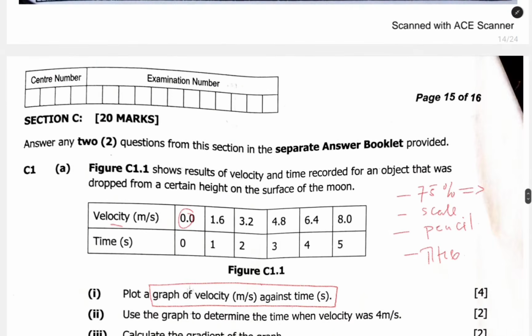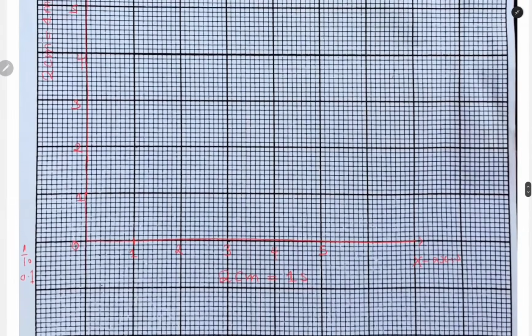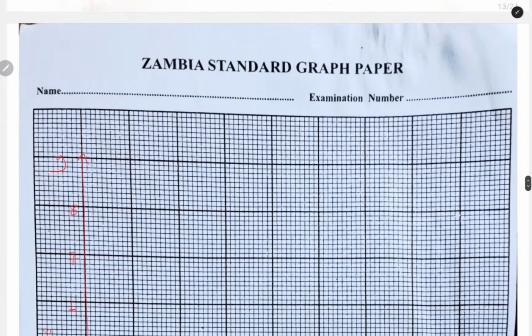So the first point that we are putting is 0,0. Before this, maybe let me just put up a title. So on top here I can put: graph of velocity in meter per second against time in second, or time in second.